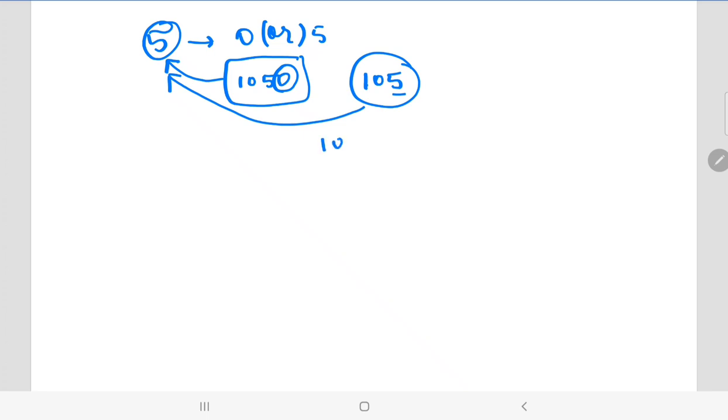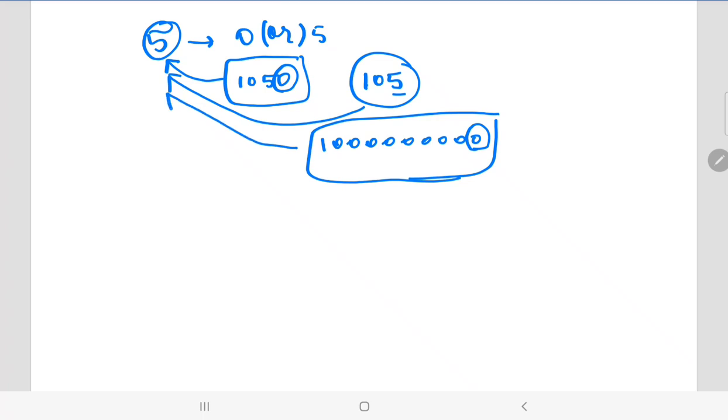If I take 1000000000, this number ends with 0, so this whole number is divisible by 5. So whenever any number ends with 0 or 5, then that number is said to be divisible by 5.